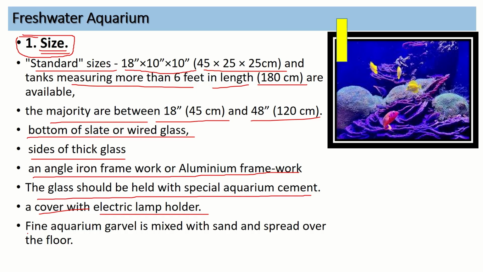Fine aquarium gravel is mixed with sand and spread over the floor of the tank, about 2 to 3 inch thick. The metallic frame should be painted with suitable paint of green, brownish red, or bluish color.